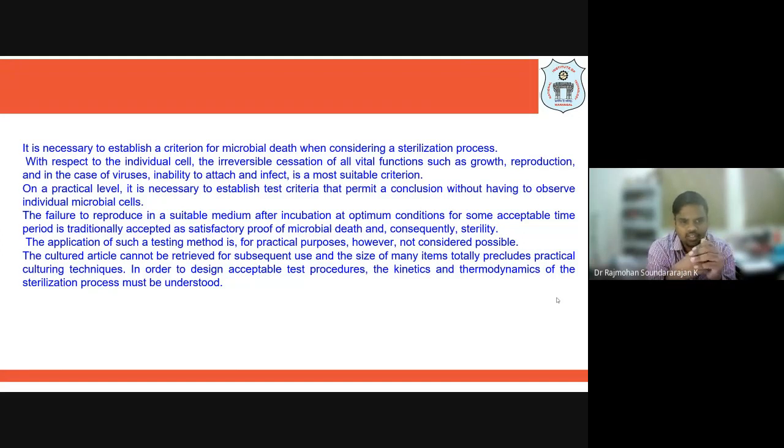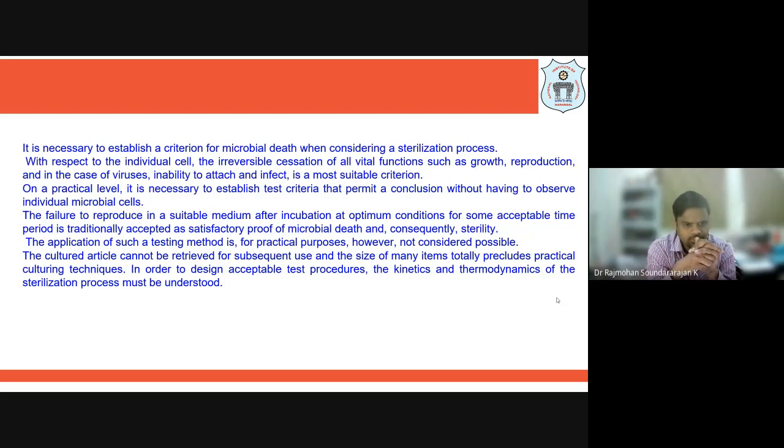On a practical level, it is necessary to establish test criteria that permit a conclusion without having to observe individual microbial cells. The failure to reproduce in a suitable medium after incubation at optimum conditions for some acceptable time period is traditionally accepted as satisfactory proof of microbial death, and consequently we could term it sterility.